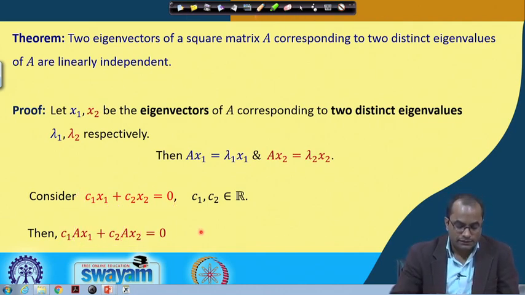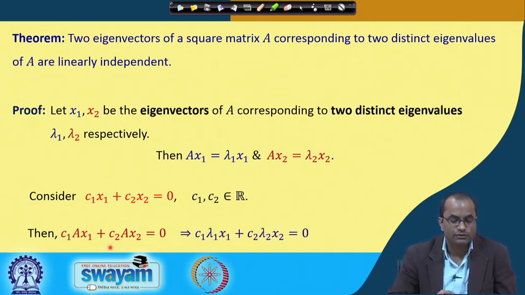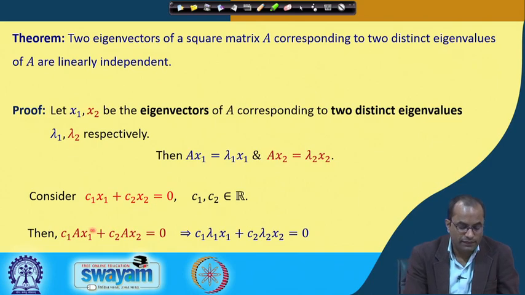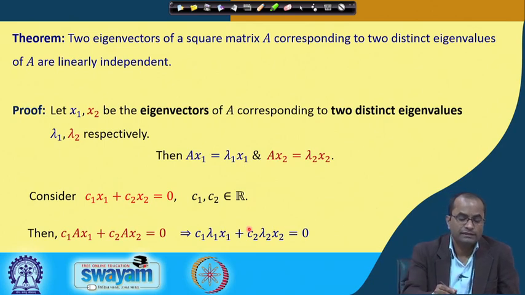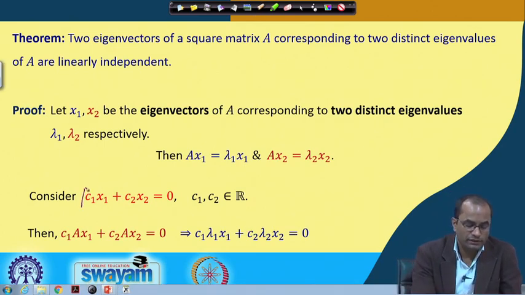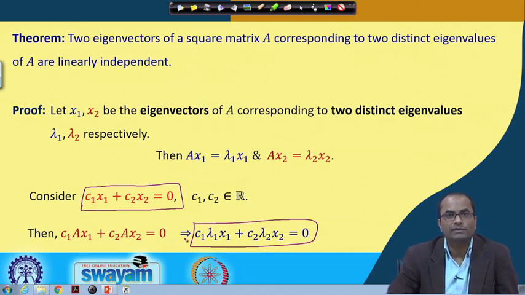Well, so next, here now we have A x 1 and A x 2, which we can replace by lambda 1 x 1 and lambda 2 x 2. So, we have basically these two equations now. One is C 1 x 1 plus C 2 x 2 is equal to 0, and the other equation is C 1 lambda 1 x 1 plus C 2 lambda 2 x 2.